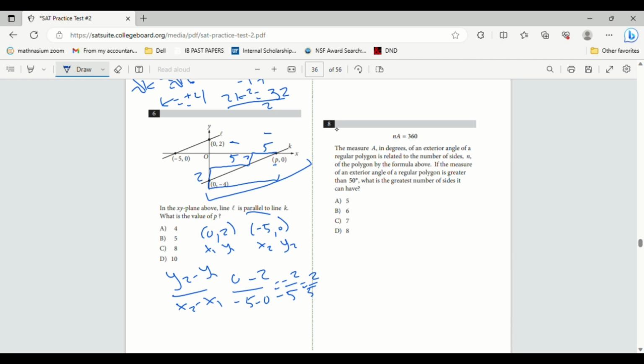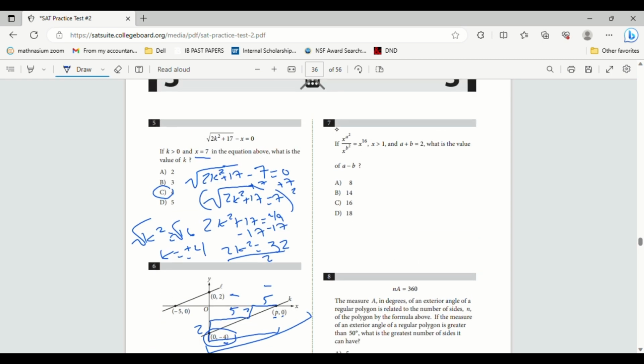We went up a total of 4, so we went from negative 4 to 0. So we know that that makes sense. And so we went a total of 5 plus 5 distance, or 10 distance. So P is equal to 10, because our starting point was at the x coordinate of 0.